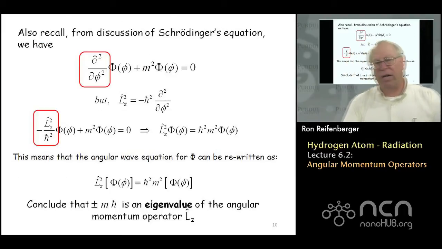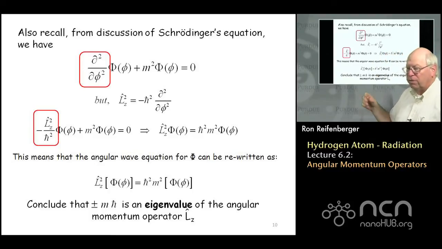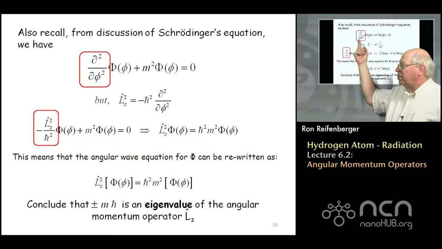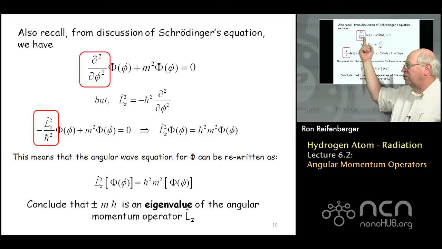You can do the same thing for the phi component of Schrödinger's equation. What you find is that the second derivative with respect to phi that appears can be represented as the square of the z component of the angular momentum. You can use this definition to transform this equation into an eigenvalue problem, right?